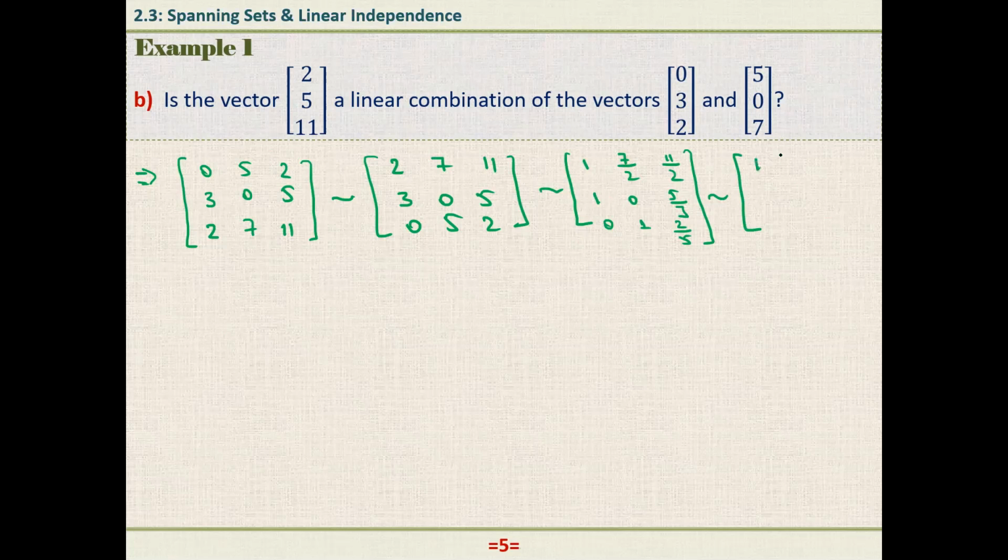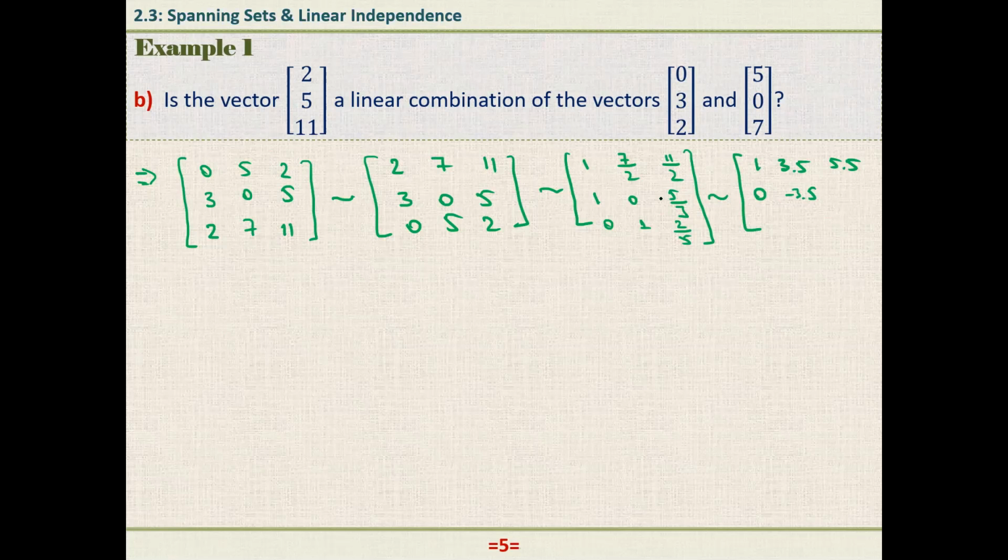Right. So now if you multiply the first row by negative 1 and add to the second row, we will have here 1, 7 over 2, 11 over 2. And I can just write it as decimals, I think. Here we have 3.5, 5.5, and here we have 0, and here we have minus 3.5, and here we have 5.